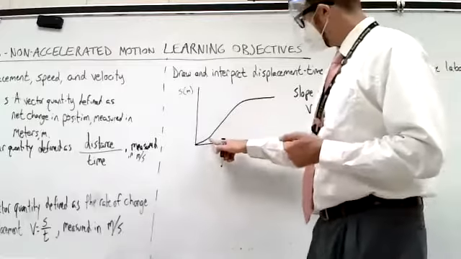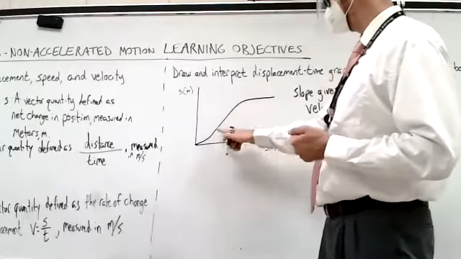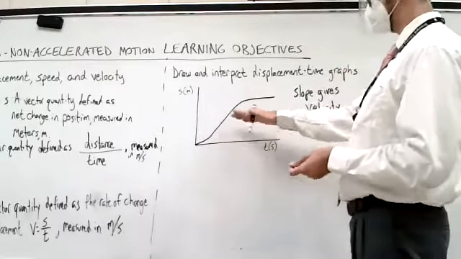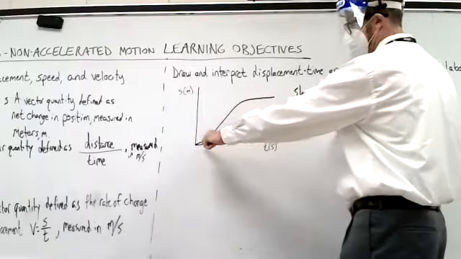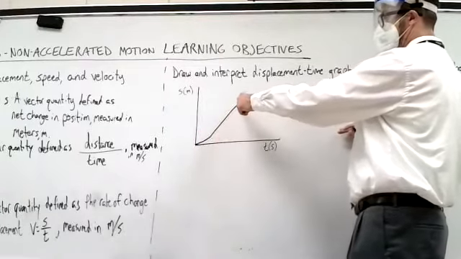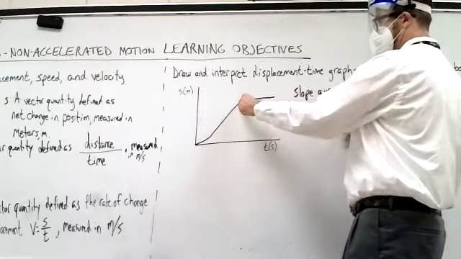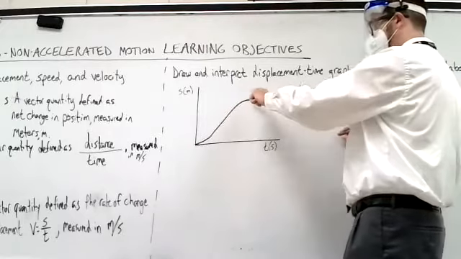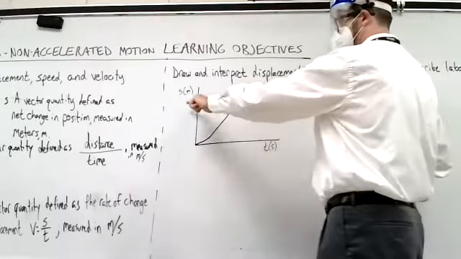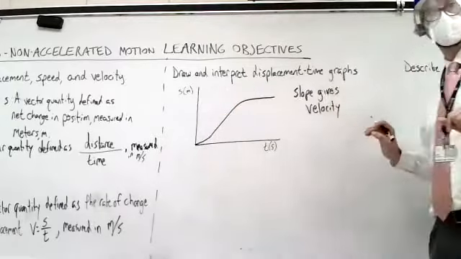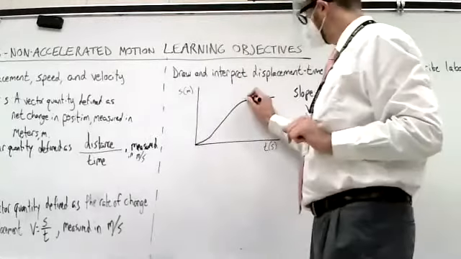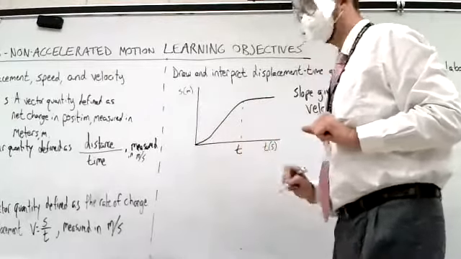The slope here is a constant slope, so somebody's reached this speed. Here they're accelerating up to it, now they've reached that speed, and then they kind of decelerate because they're tired.